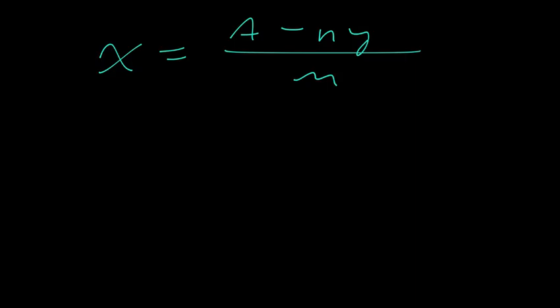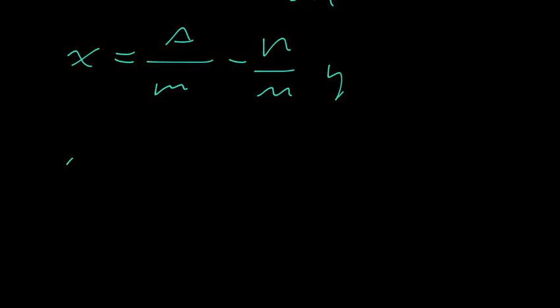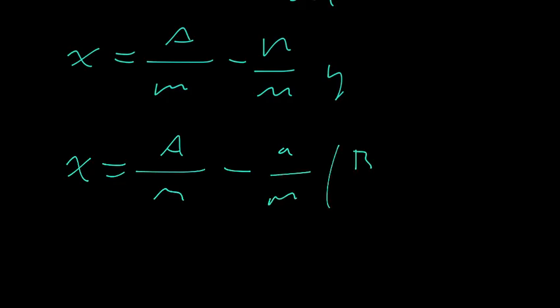First I'm going to split this fraction up. We'll have x equals a over m minus n over m times y. Now we're going to substitute y in. So doing that, we have that x is equal to a over m minus n over m times bm minus cd over dm minus cn.